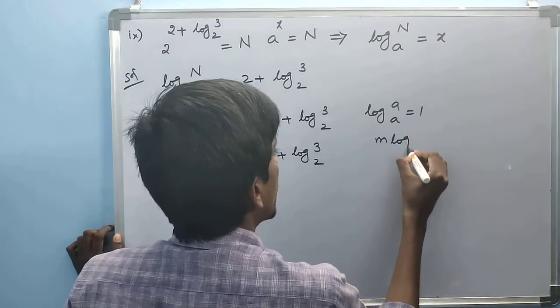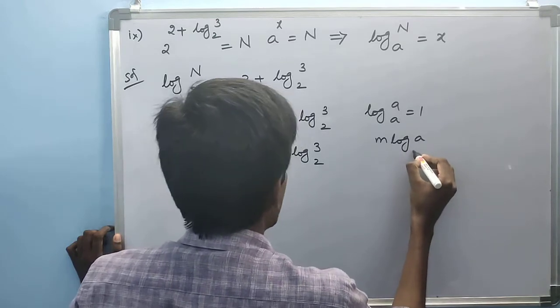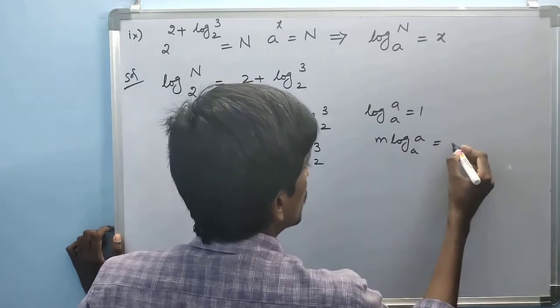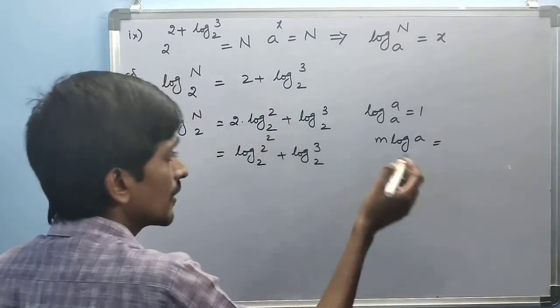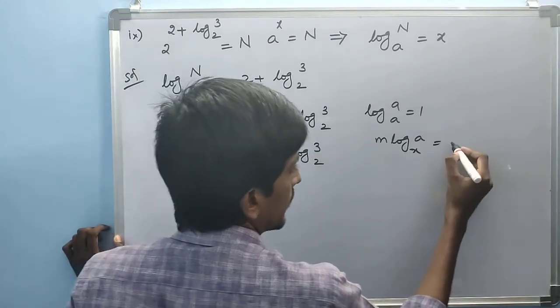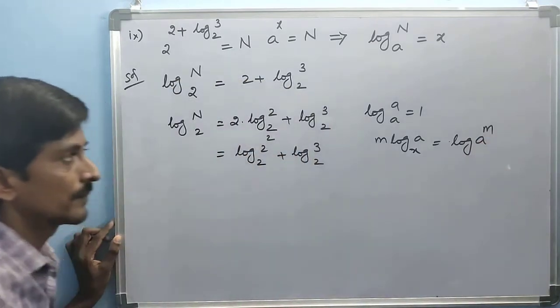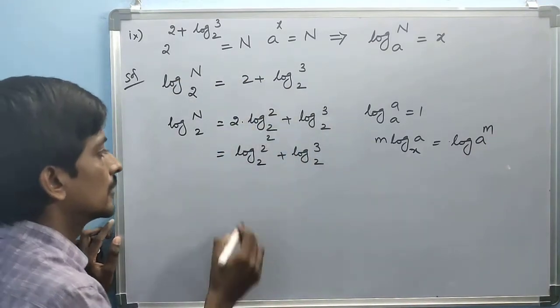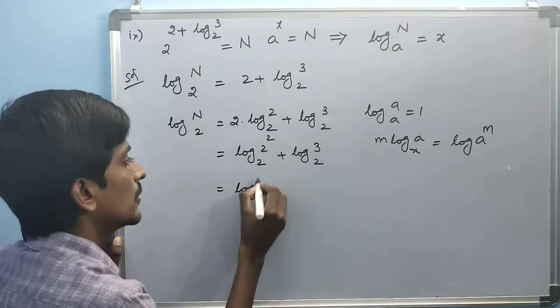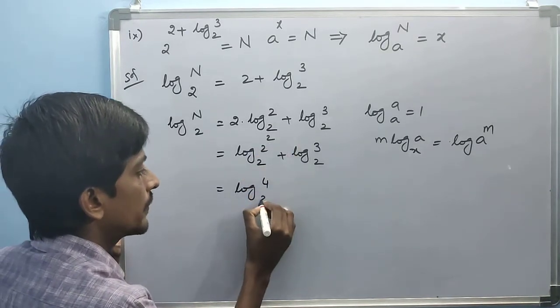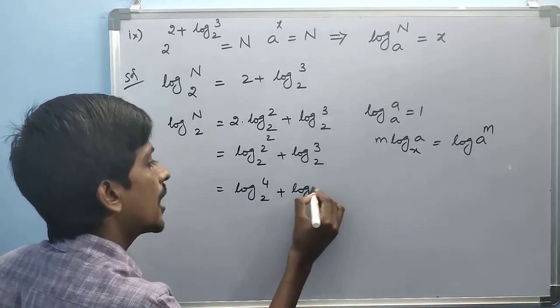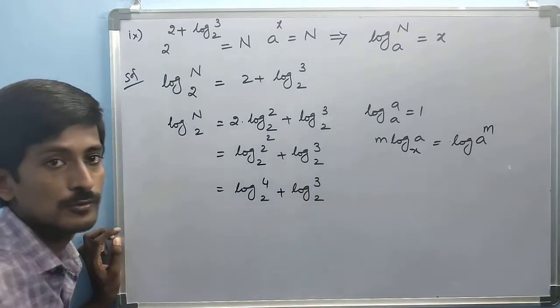M log a is log a to the power of m, that formula like this. So log 2 square, 4, base 2 plus log 3 base 2.